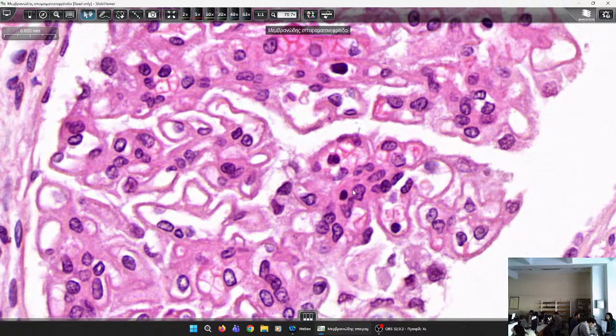And which systemic factors may be related to the development of membranous glomerulopathy? Name some factors that give the secondary type of membranous glomerulopathy.